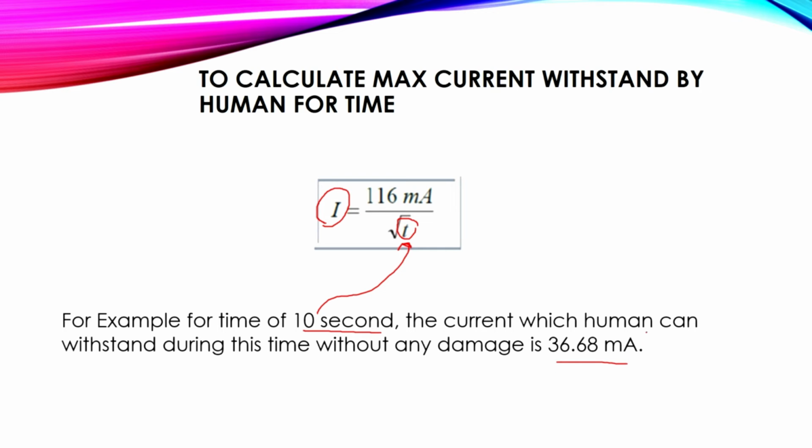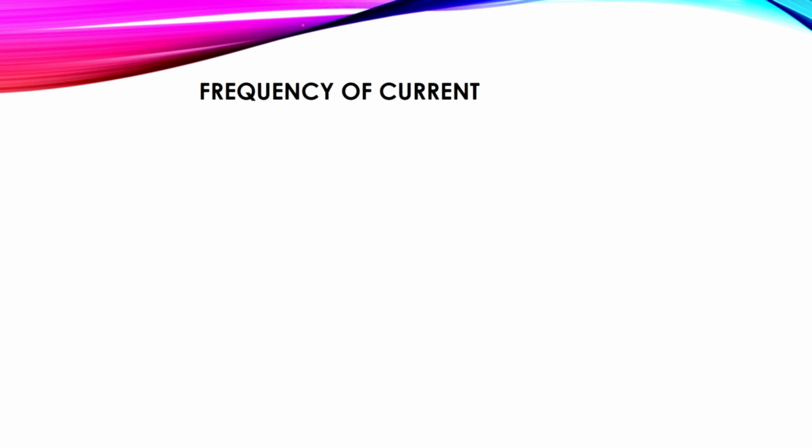If a human is exposed to this amount of current for just 10 seconds, the human can withstand it. But remember that 10 seconds is the maximum. So this formula can help us get the time or the current that the human can withstand with respect to time.